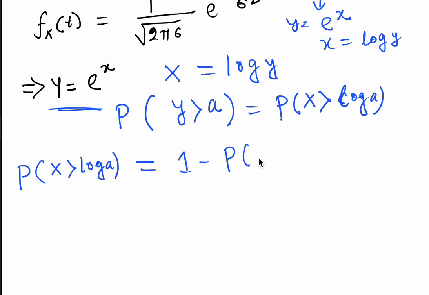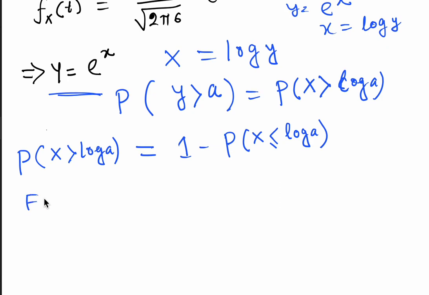Now the probability that x is greater than log of a is nothing but 1 minus the probability of x less than or equal to log of a, or simply the cumulative distribution function. F of t will be the probability that x is less than or equal to log of t.